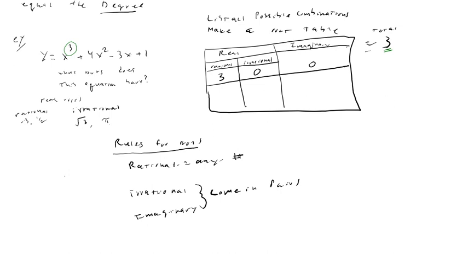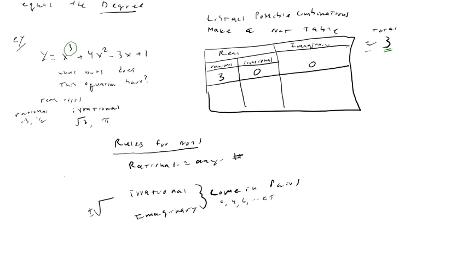So I'm only allowed to have an even number of irrational or imaginary roots. My imaginary roots and irrational roots always come in pairs. So there's only 2 or 4 or 6. I have to have an even number of irrational or imaginary roots. They come in pairs because of the square root. When you do a square root, you have a plus or minus. They come in pairs because there's a plus minus in front of the square root. So irrational and imaginary have to come in pairs. Rational can be any number of roots.